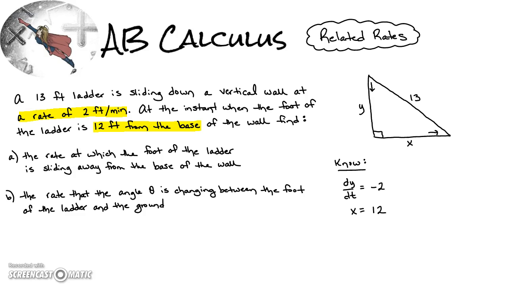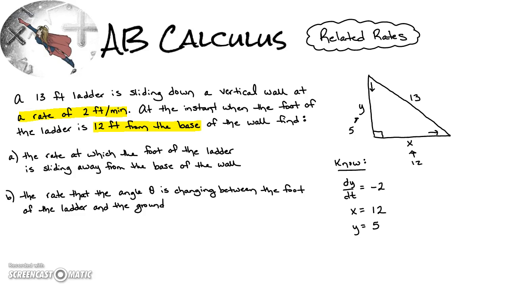They didn't tell us anything else, but you probably can notice from the picture that if x is 12, the y at that instant will be 5, because that's a 5, 12, 13 triangle. So let's just jot down that y equals 5. Now, if you didn't realize that y would be 5, you could always do the Pythagorean theorem and just say y squared plus 12 squared equals 13 squared and solve it from there.